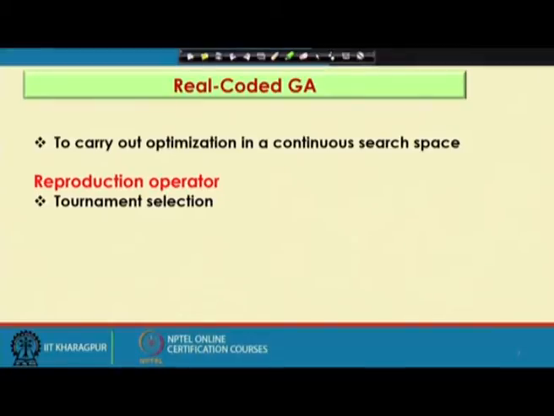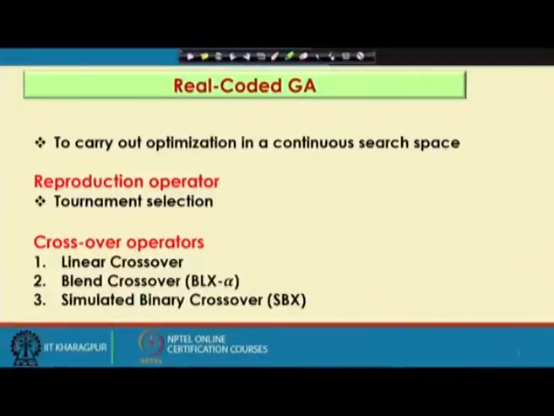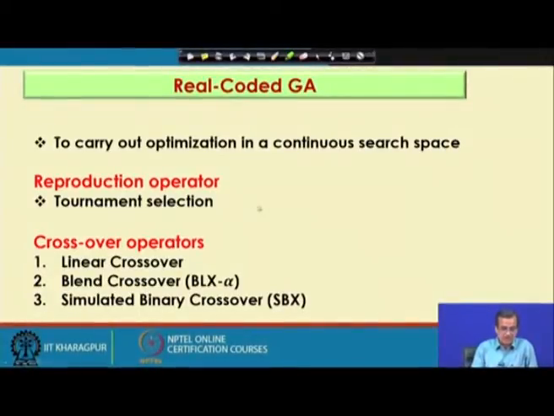The reproduction operator which we generally use in genetic algorithm to select the mating pool is tournament selection. The principle of tournament selection I have already discussed. Now, we will have to concentrate on the crossover operators.